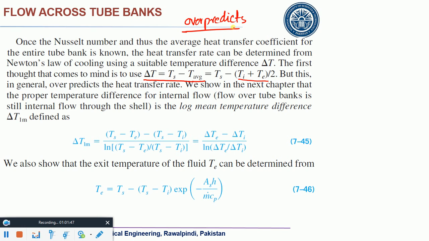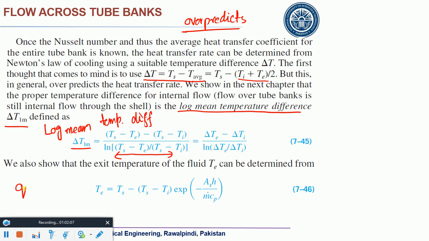So what is the alternative? You go for the log mean temperature difference. It is represented as delta T subscript lm. So this is the log mean temperature difference which you should use to find the heat transfer rate in case of convection for flow over tube banks.